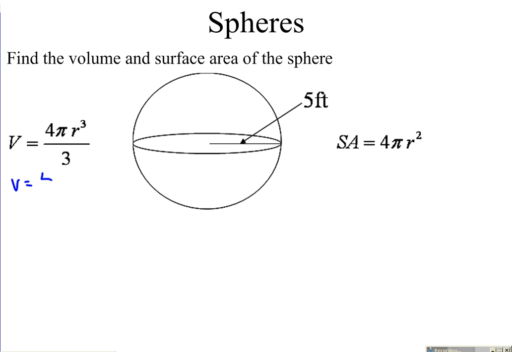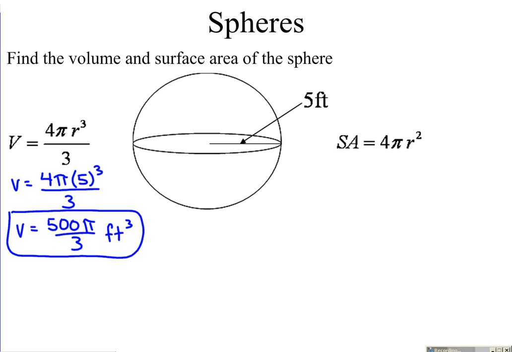So let's plug in. That's 4 pi times the radius, which is 5, cubed. Simplify with your calculator once again. 5 cubed is 125. 125 times 4 is 500 pi over 3 feet cubed.